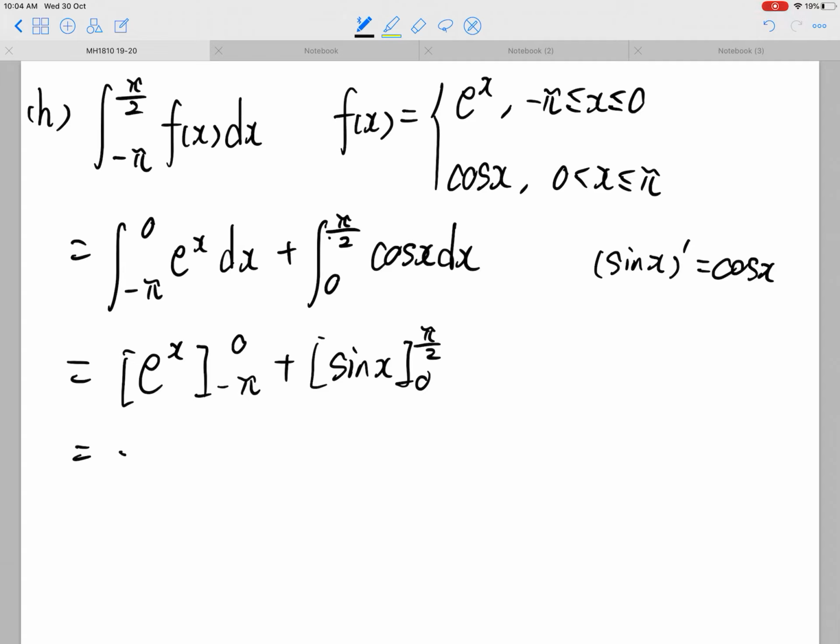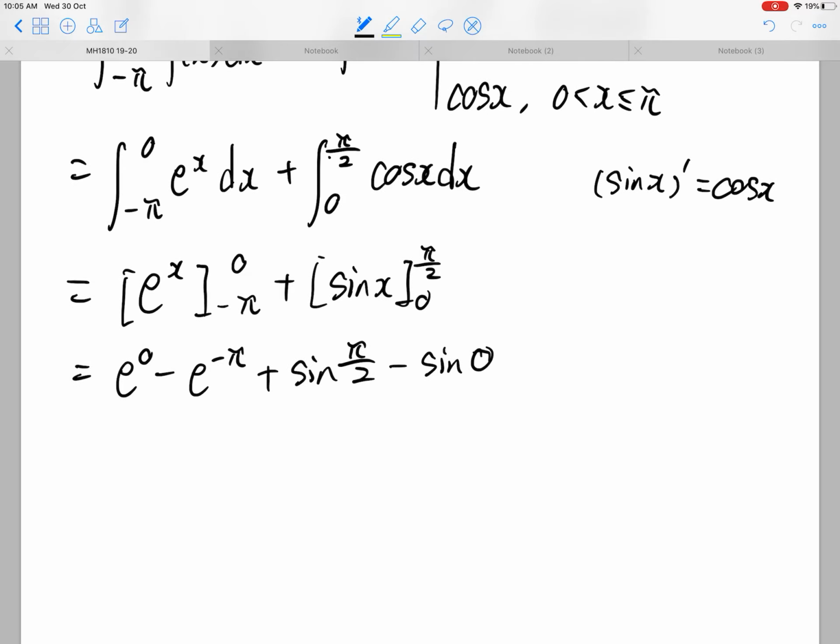Here it's e to the power of 0 minus e to the power of negative pi plus sine half pi minus sine 0. This is 1 minus e to the power of negative pi plus 1 minus 0, so it's 2 minus e to the power of negative pi.